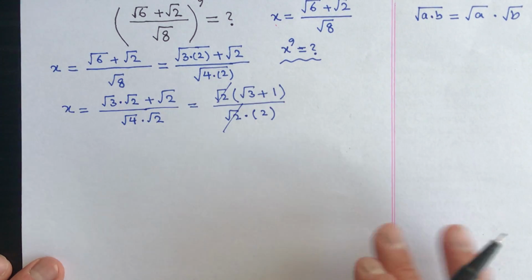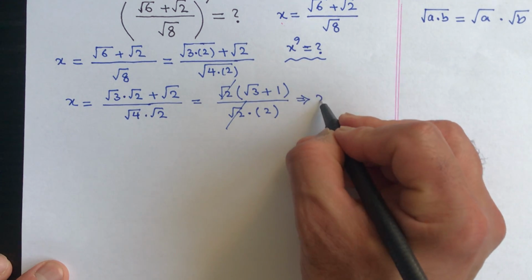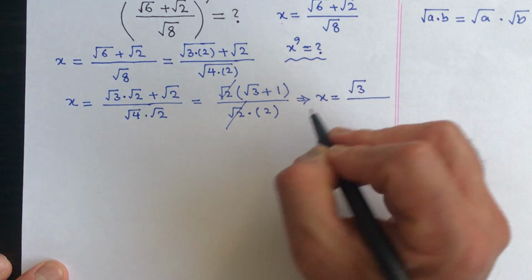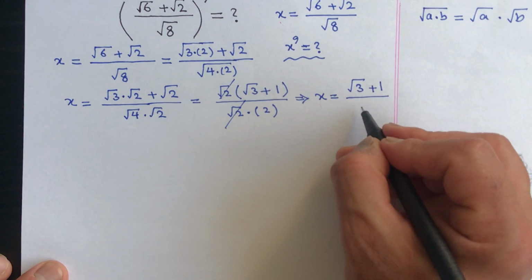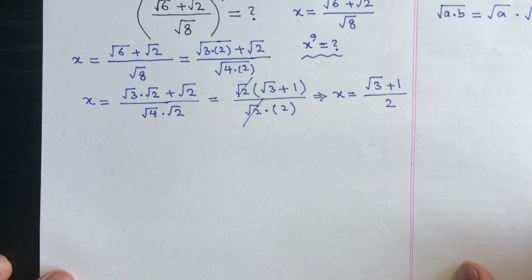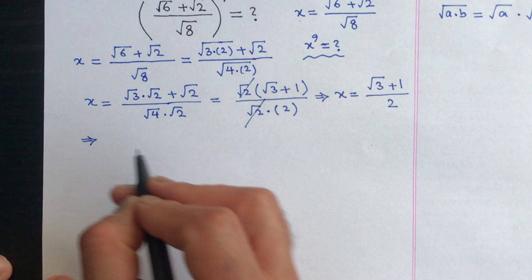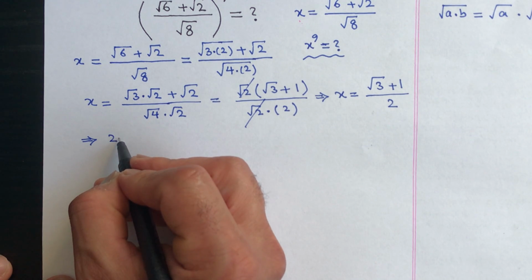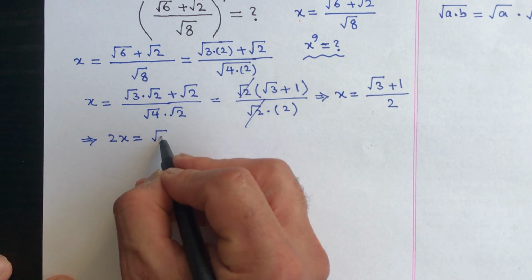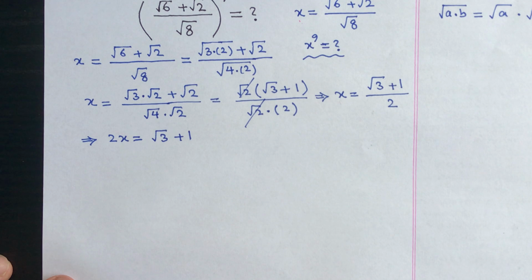Now these two terms are cancelled, and now x is square root of 3 plus 1 over 2. And if you multiply both sides, then 2 times x equals square root of 3 plus 1.